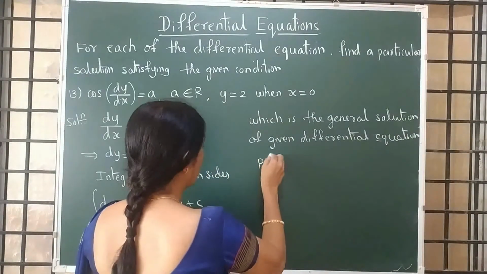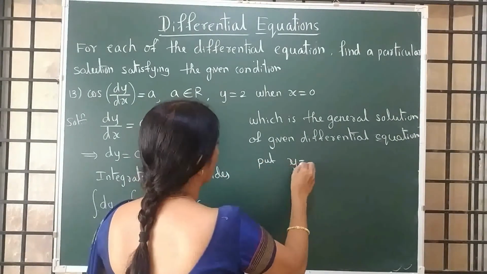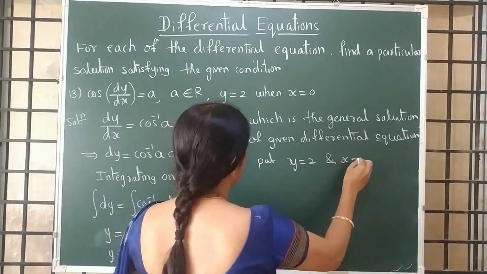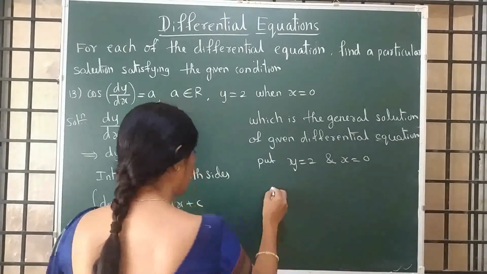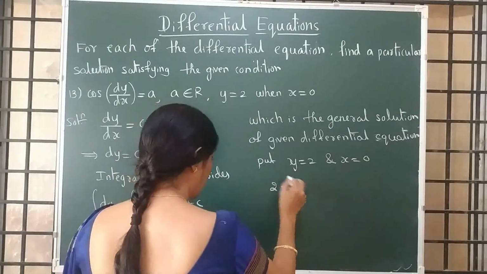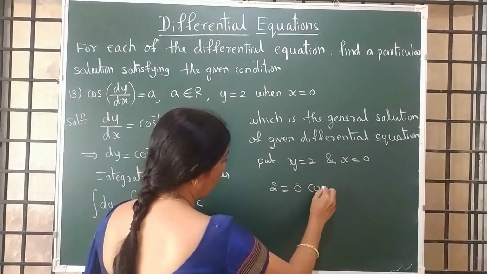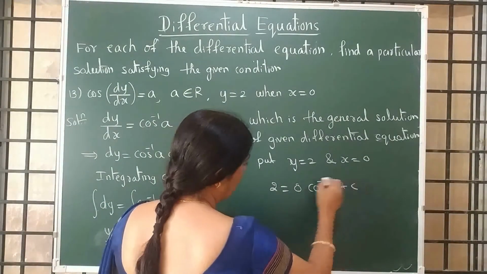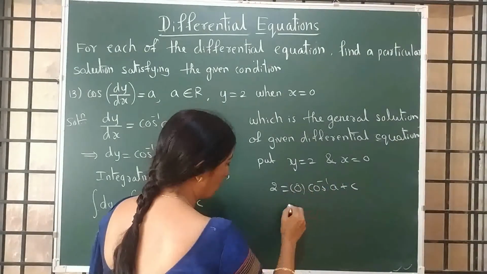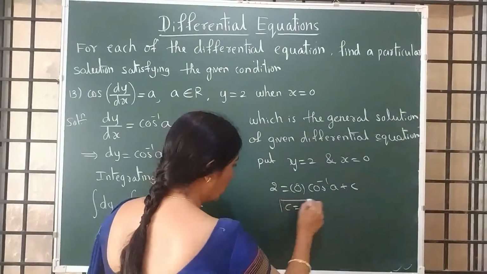After that, put y is equal to 2 and x is equal to 0. In this general solution, we have to write 0 into cos inverse a plus C. 0 into anything is 0. So, C is equal to 2.